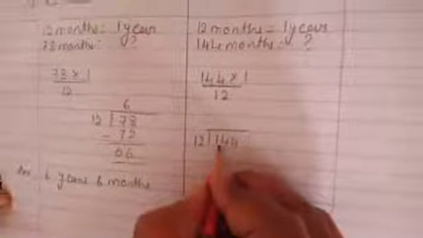So first we will take 2 digits, 14. In the 12 table, 14 will not come. So we will take 12 1s are 12. So 4 minus 2 is 2, 1 minus 1 is 0. So we will carry down this 4. So it will become 24. In the 12 table, when 24 comes, 12 2s are 24. So 24 minus 24 we will get 0. So our answer is 12 years.